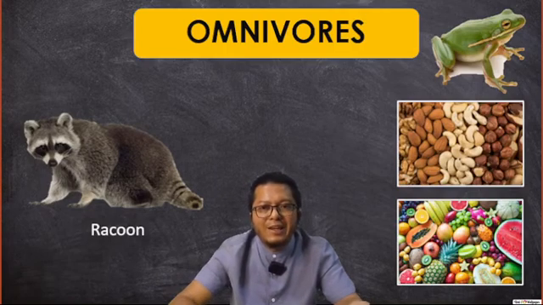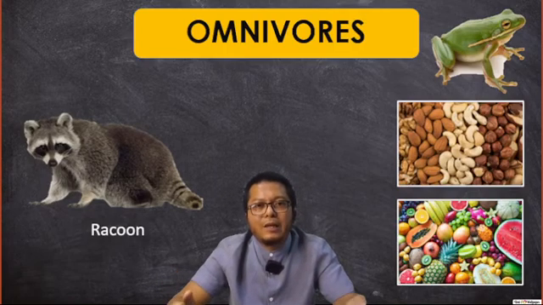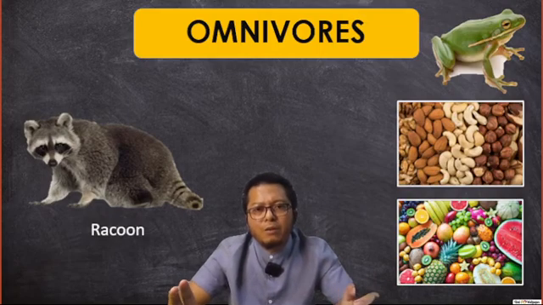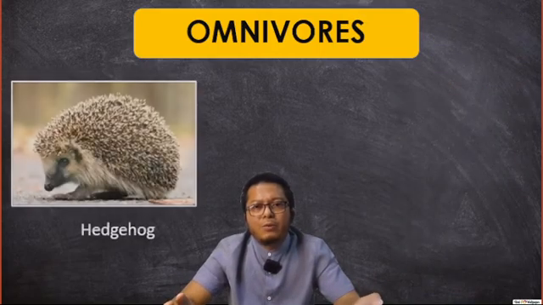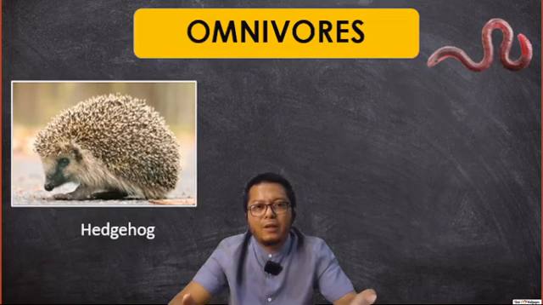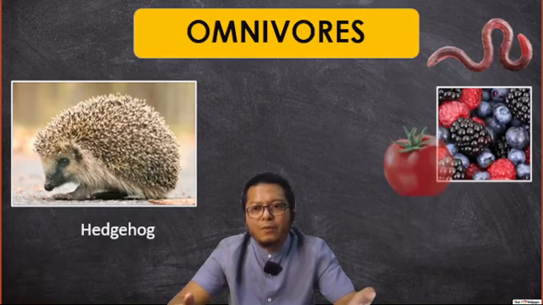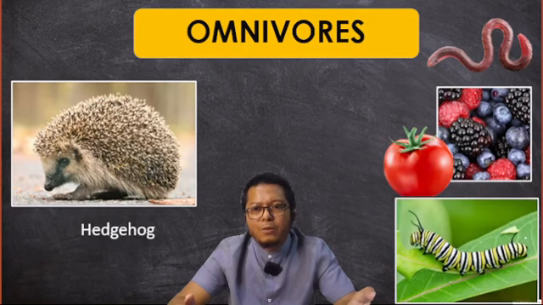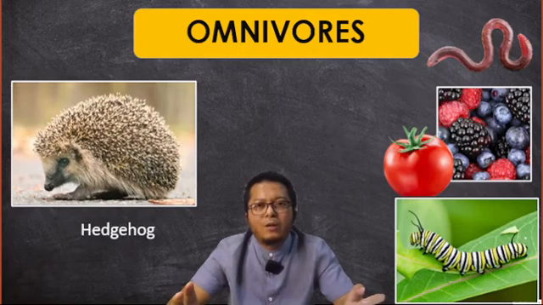They can eat both plants and animals. Smaller animals, of course. And next animal would be hedgehog, landak. Hedgehog can eat worms and fruit and tomato and caterpillar. So hedgehog is also in the omnivores group because it can eat both plants and animals.